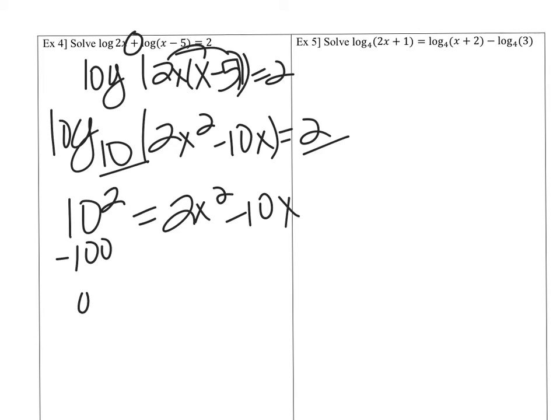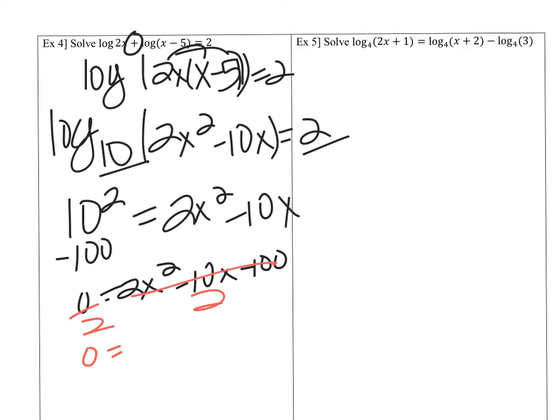So I'm going to have 0 equals 2x squared minus 10x minus 100. Before I start factoring, I'm going to look for a common factor, which is a 2. If I divide all of this by 2, I get 0 equals x squared minus 5x minus 50.